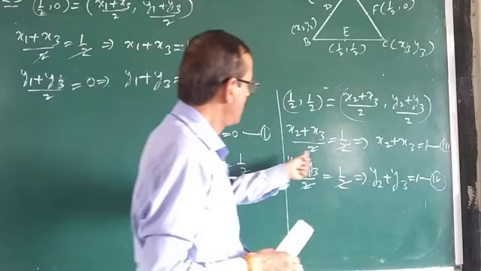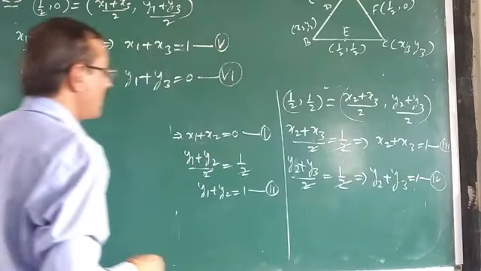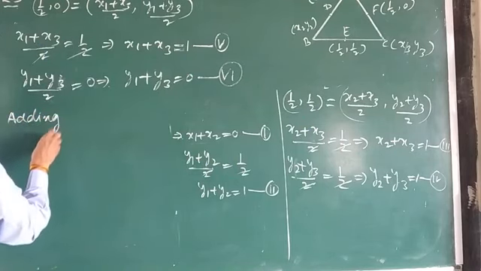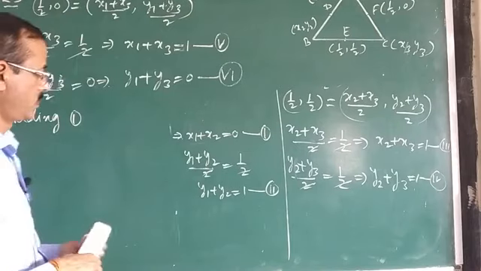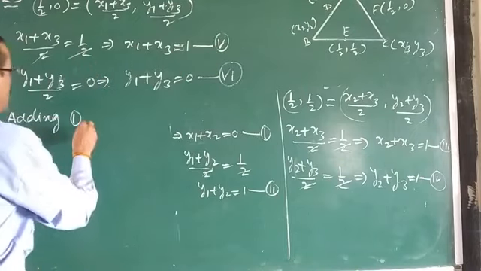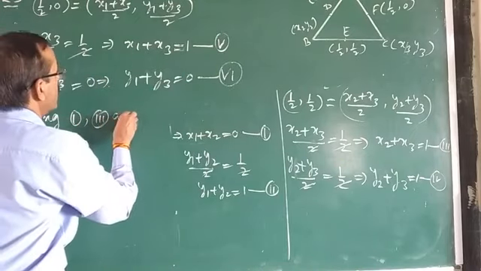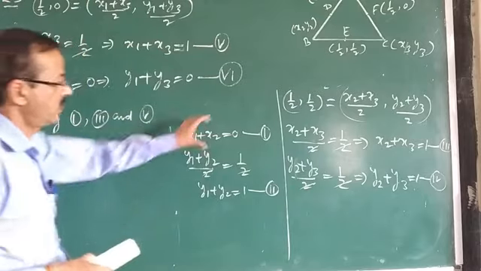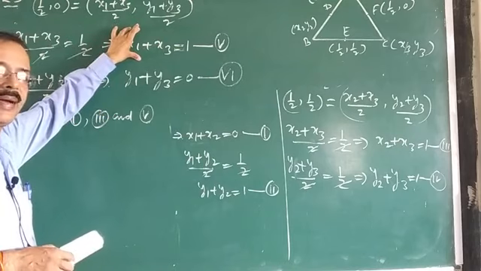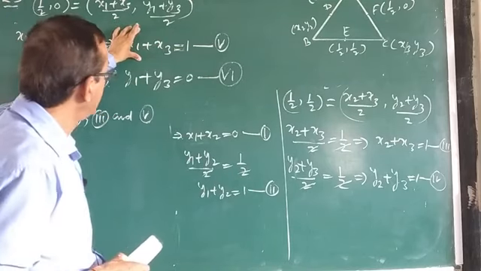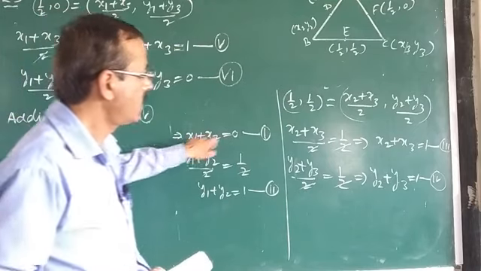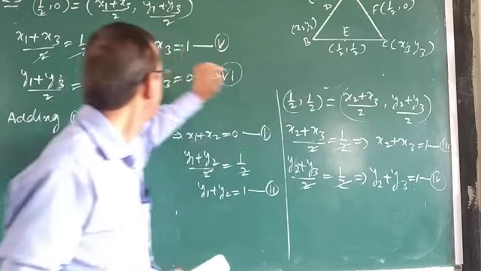So we have to add these x terms, adding first, third and fifth. If we add, you will find x1 2 times coming, x2 2 times coming, x3 2 times coming.